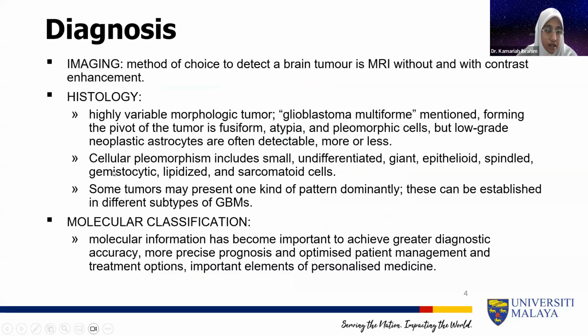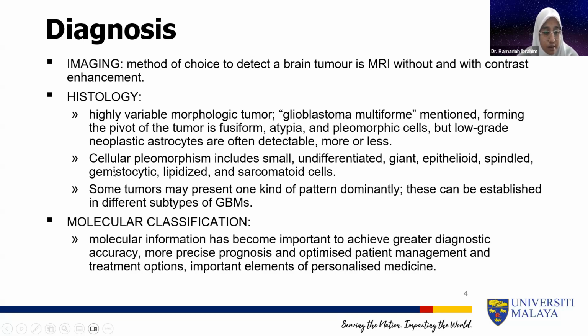The common diagnosis for glioma and particularly glioblastoma is by performing imaging, where you use MRI to detect the tumor without and with contrast enhancement. Secondly, histology is performed, and you can see a highly variable morphologic tumor, termed glioblastoma multiforme, with fusiform, atypical and pleomorphic cells, but low-grade neoplastic astrocytes are often detectable more or less.